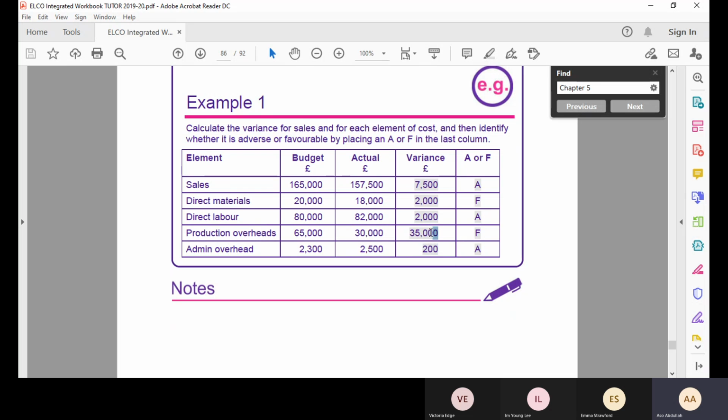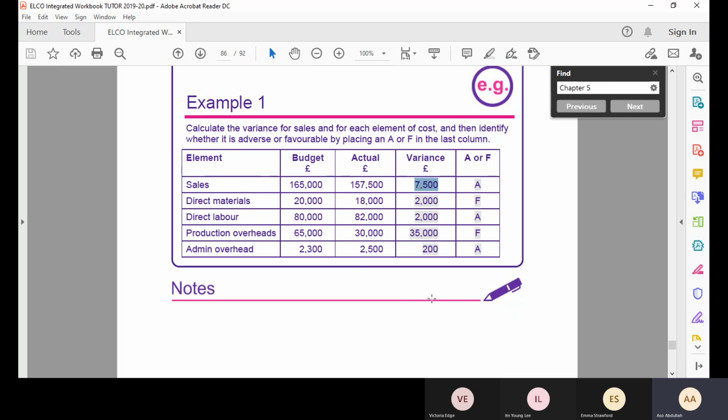What you need to investigate, for example, is the production overhead, why in the first place they budgeted 65,000. Again, you need to investigate your sales. The difference is 7,500. This figure is not very significant, but again you need to investigate it.